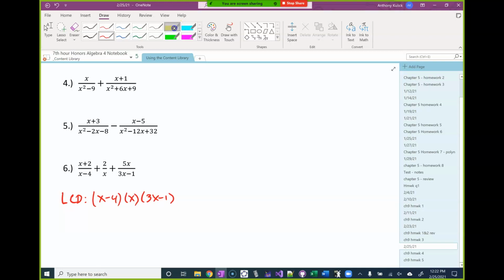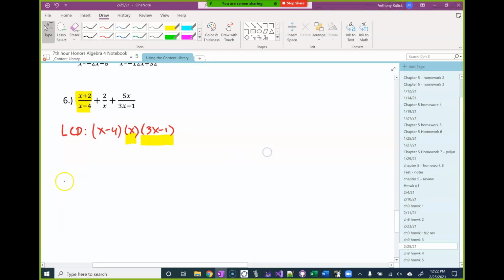So if I look at the first fraction, I am missing the x and the 3x minus 1. Actually, I think this is going to get horizontally longer than it's going to get vertically. So I need to multiply that still by the x and the 3x minus 1. And then if I look at the next fraction, I'm missing the x minus 4 and the 3x minus 1.